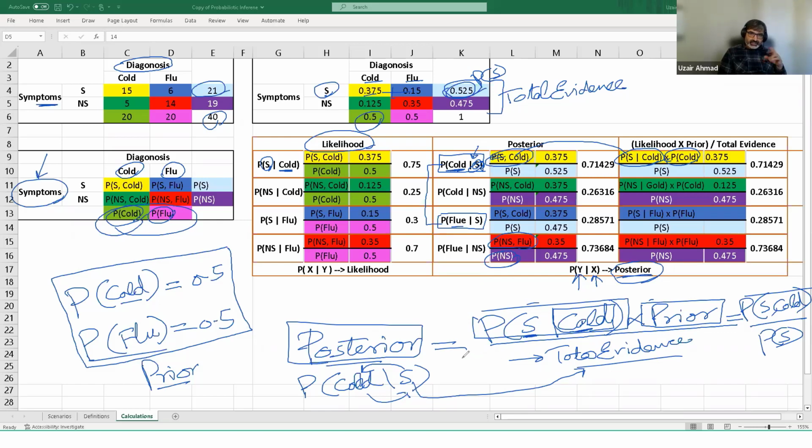So again, 4 things. Your question is what you want to predict. You want to predict the class. The probability of class given the input is the posterior. The probability of input given class is the likelihood. The probability of class itself is the prior.